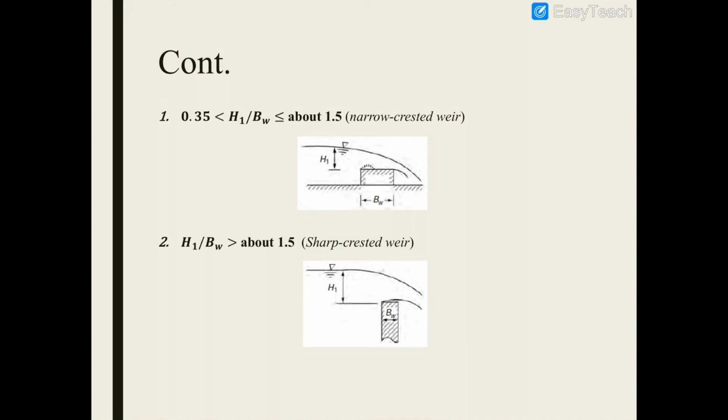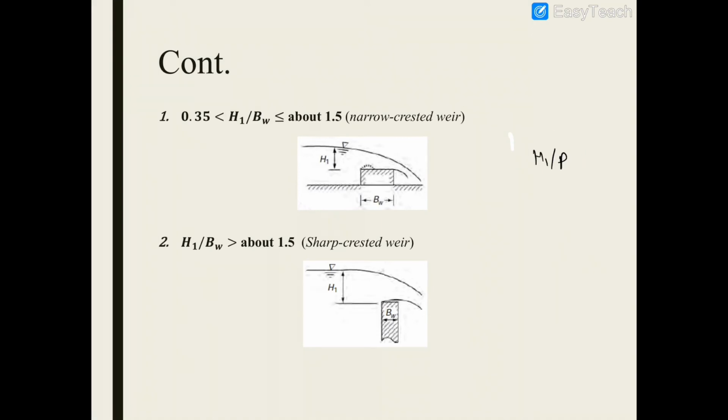The control section will be at the upstream end. The weirs of this type can be termed as narrow crested weir. The upper limit of this range depends upon the value of H1 upon P. Okay, the upper limit of H1 upon Bw is not exactly equal to 1.5. This limit depends upon the value of H1 upon P.